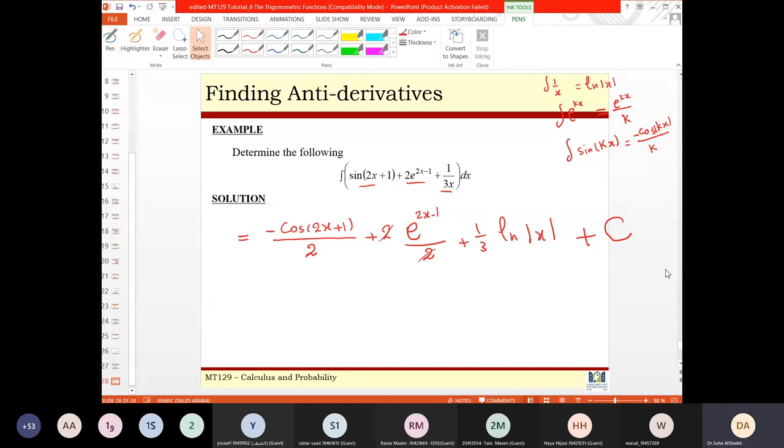And that was this tutorial. By finishing this example, we finish this tutorial. And again, I have a revision for that trigonometric.